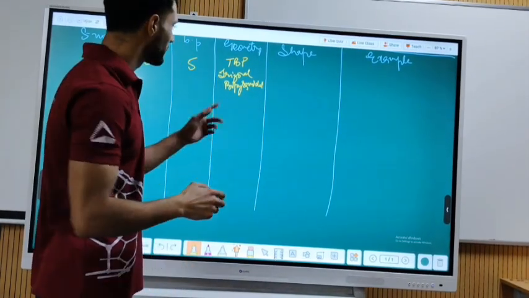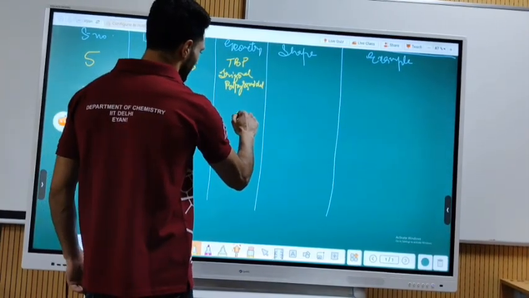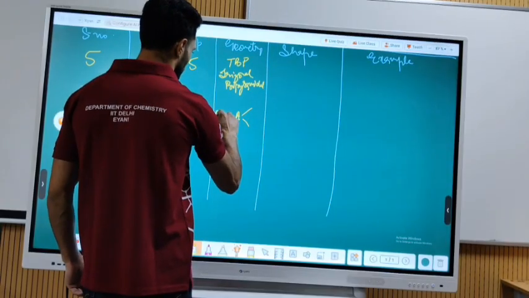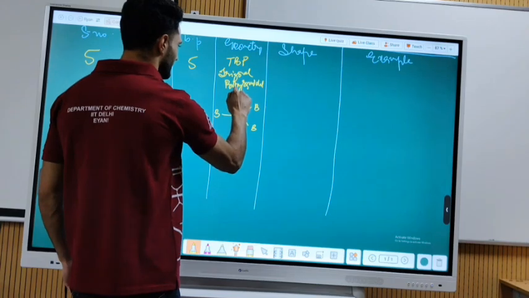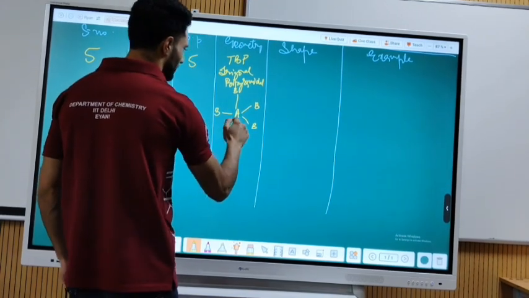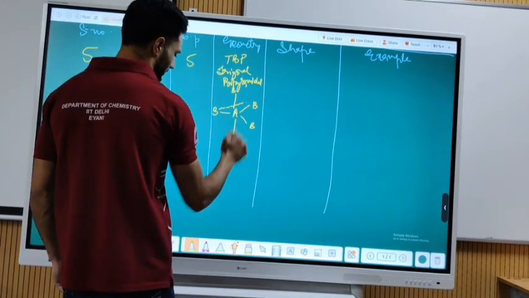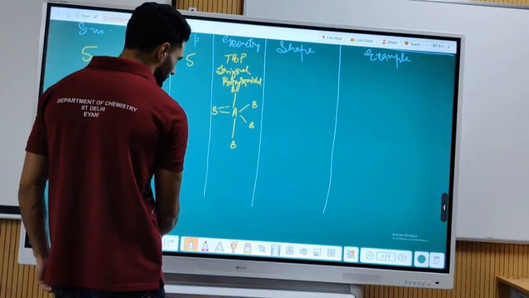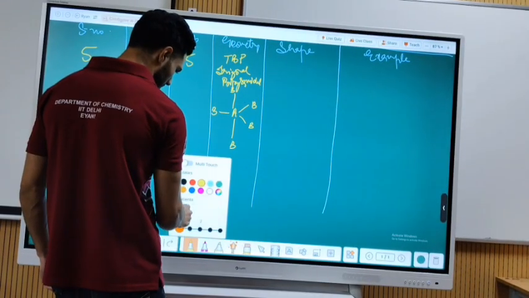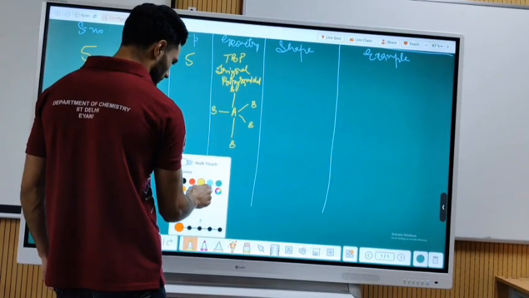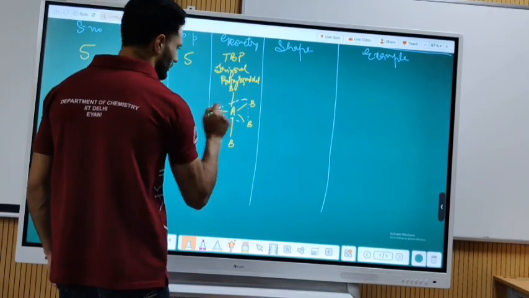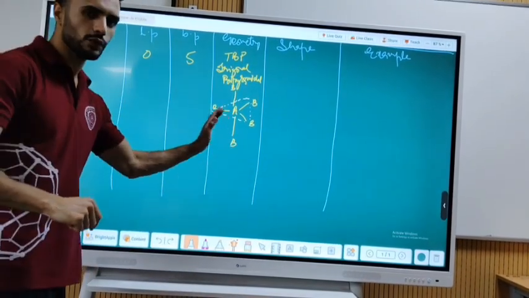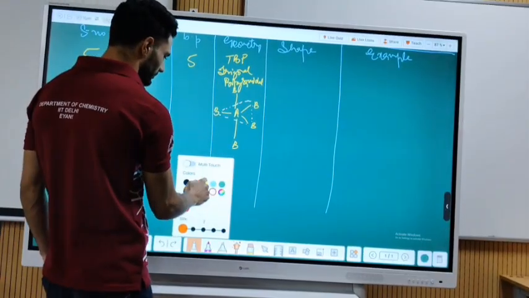How does the geometry look? This looks like this: A, B, B, B in one plane, and there are pyramids above and below. This is a plane, and these are 2 pyramids.